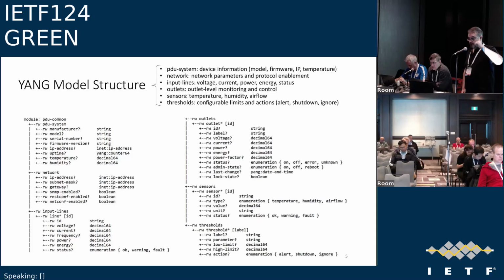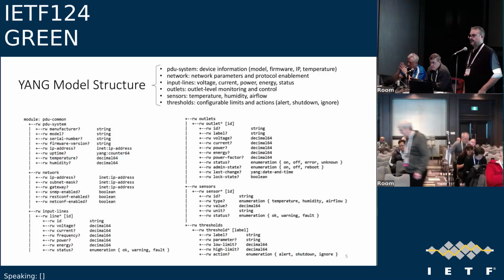The outlets, because this is a smart PDU, we have different outlets that we could control one by one. Sensors that could be either incorporated into the smart PDU or around the setup for the temperature, humidity, airflow. And finally, thresholds, if we want to enable ways of reporting alarms or basic information once we define different levels of consumption.